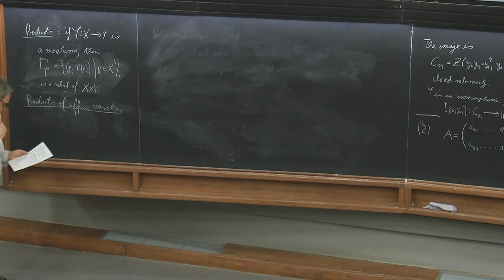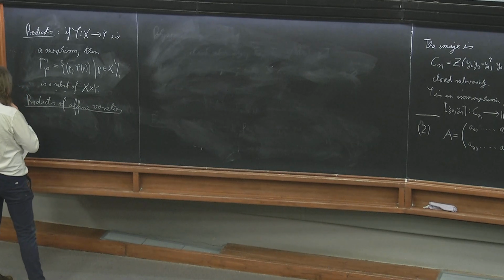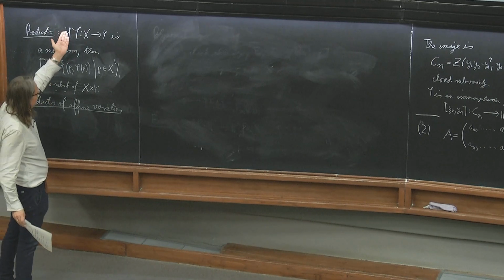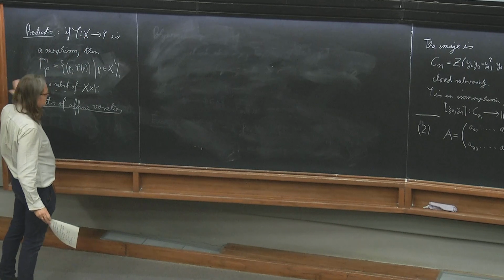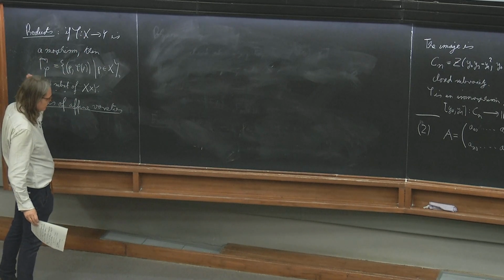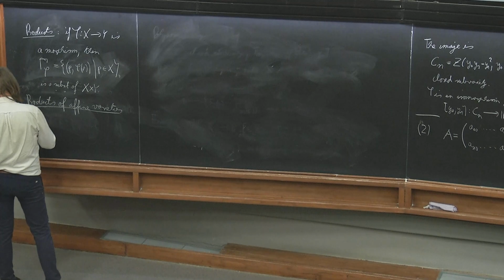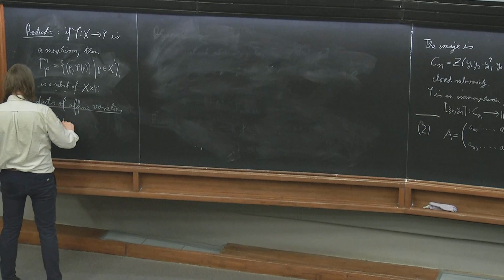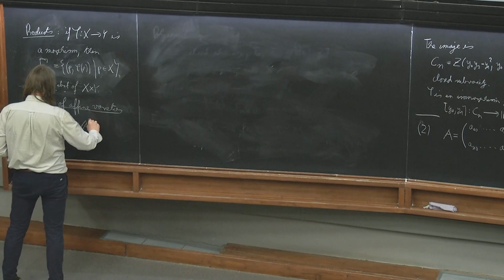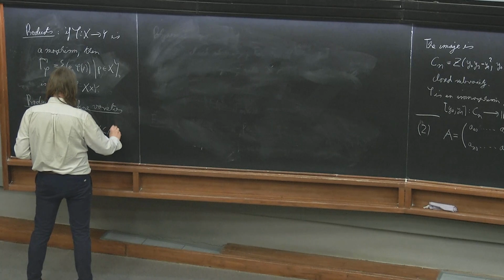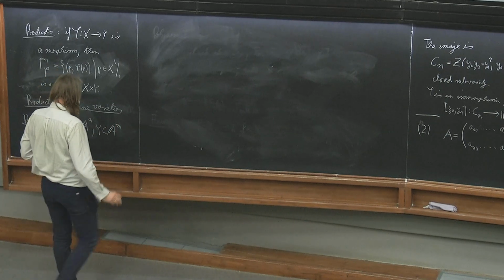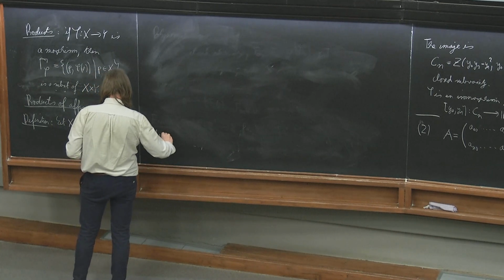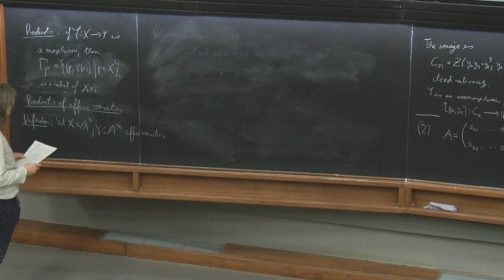And here there is not very much to see. The product of a variety X in An and Y in Am is just X times Y, which lies in A^(n+m). So, definition: let X in An, Y in Am be affine varieties, so really closed subvarieties of An and Am.